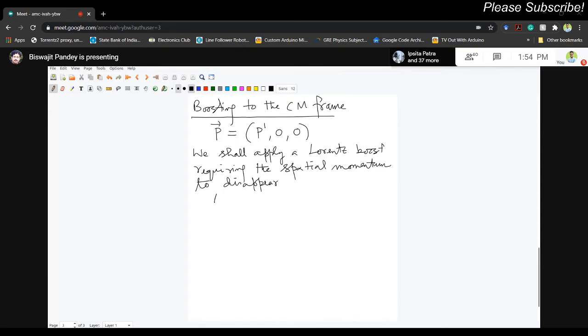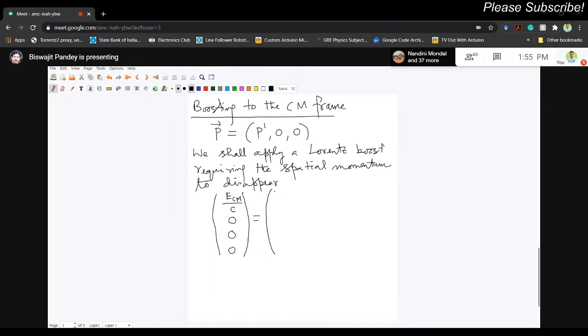So what you are claiming is that in the center of momentum frame, the first component of the 4 momentum is always E by C, the total energy in the center of momentum frame divided by C. This is the time component. And you are claiming that all the spatial components are 0 in the center of momentum frame. I have taken a simple example. Of course, you can make things complicated.